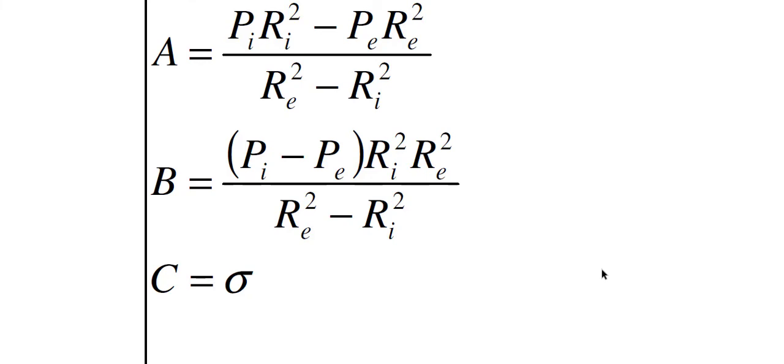Now, taking into account the boundary conditions, which can be summarized as an internal uniform pressure Pi applied on the inner surface of the shell defined by its internal radius Ri, and an external uniform pressure Pe applied on the external surface of the shell defined by its external radius Re, and also a tensile stress sigma applied on the basis of the shell.